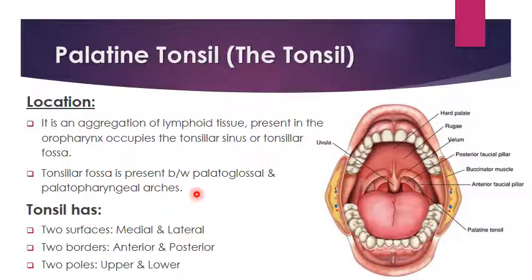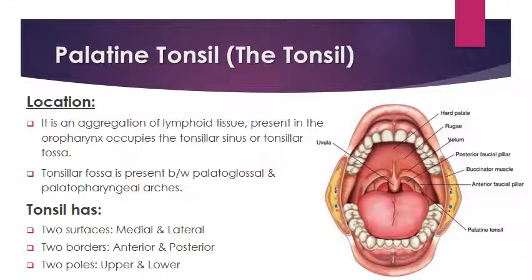We already discussed that these are mucosal folds extending on each side from the uvula downwards and laterally. Here in this diagram you can see this anterior fold is called the palatoglossal arch and this posterior fold is called the palatopharyngeal arch, and between these two folds there is the tonsillar sinus or tonsillar fossa which lodges the palatine tonsil.